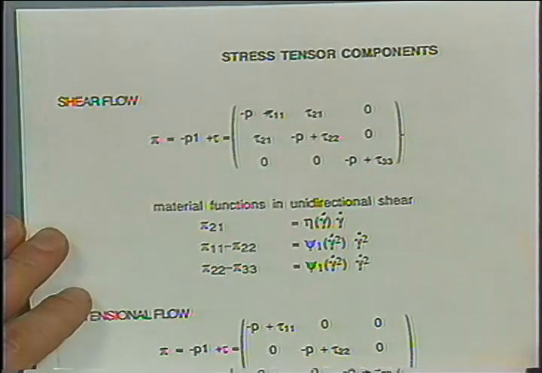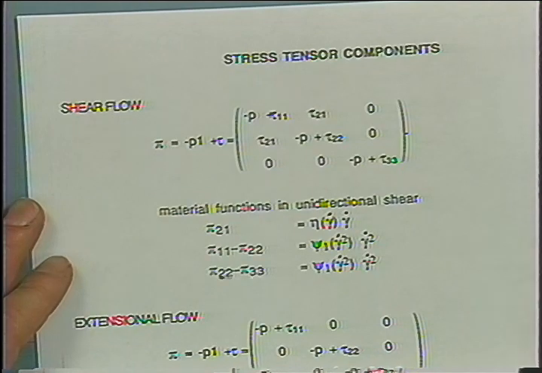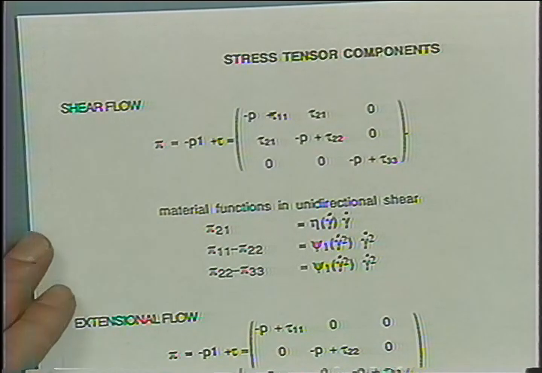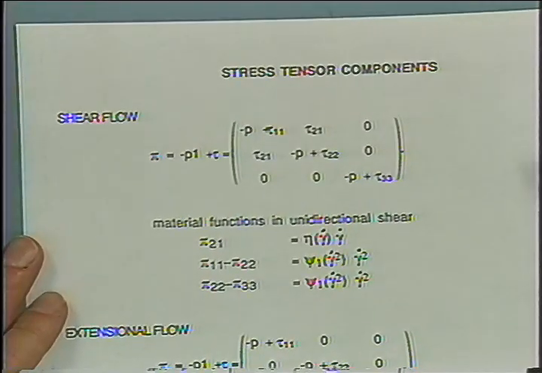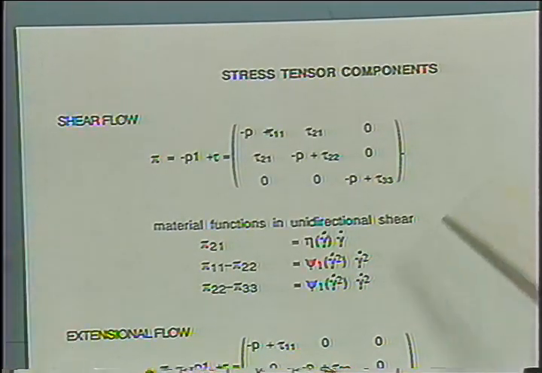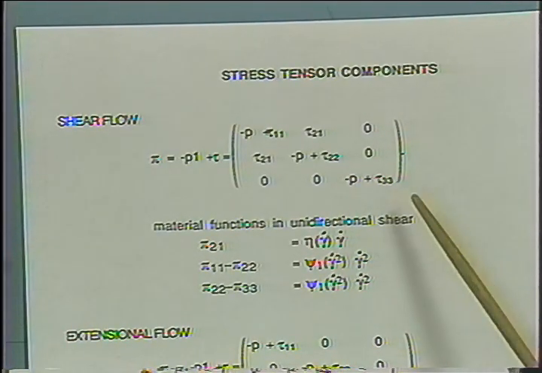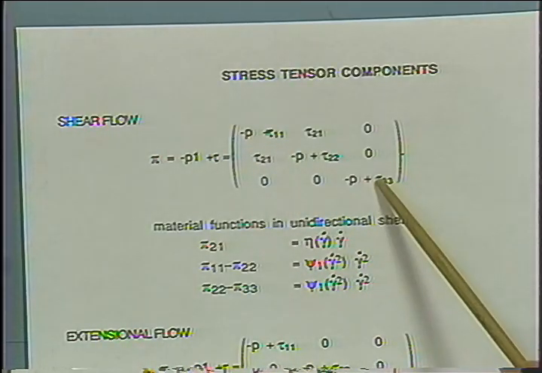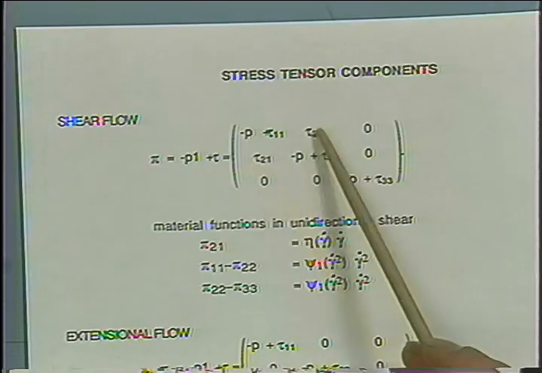The stress in those simple flows is reduced into component form by choosing a specific coordinate system. Now, in shear flow, the coordinate system is giving us a tensor which has a diagonal, 3 components, and has a shear component outside.